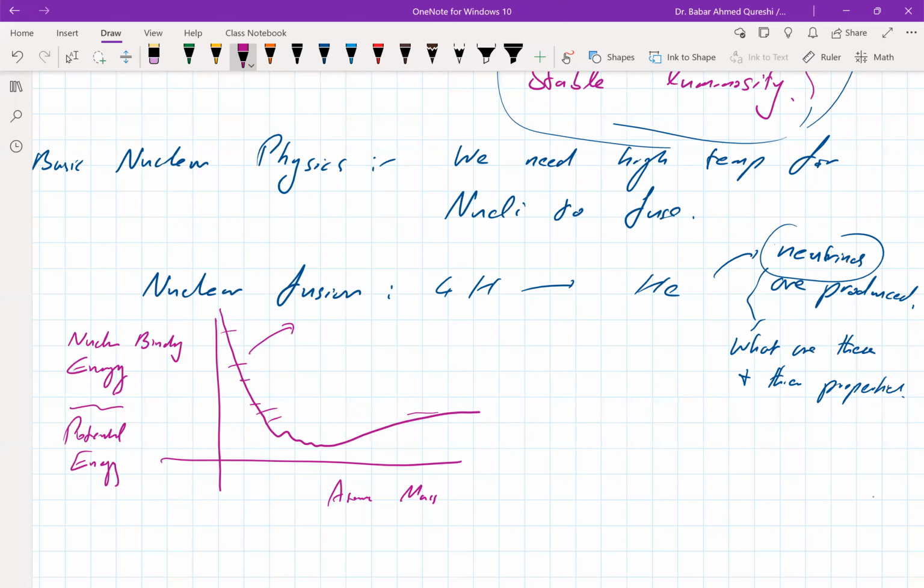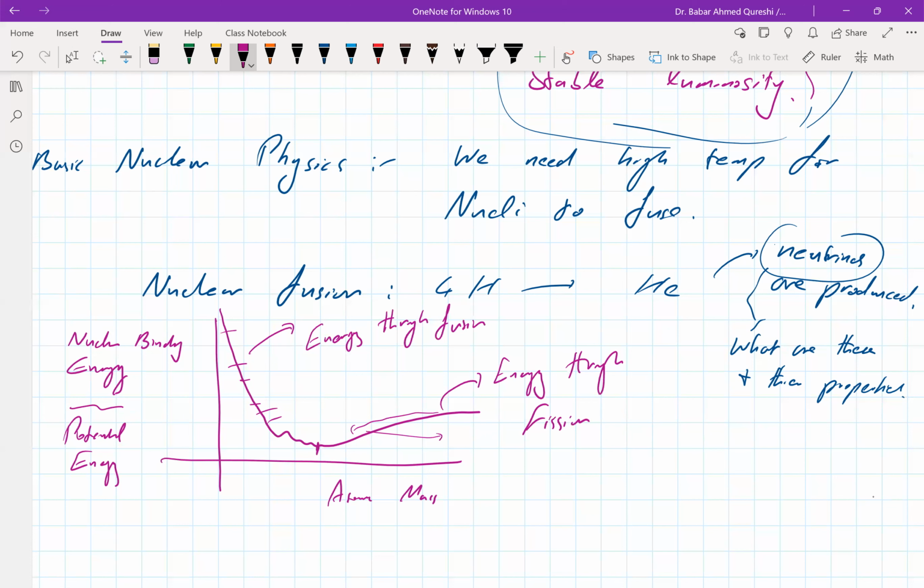While over here, if we break a heavy nucleus, again binding energy per nucleon goes down, so something can come out here. So you can get energy through fusion and energy through fission, which is essentially breaking up a big nucleus.